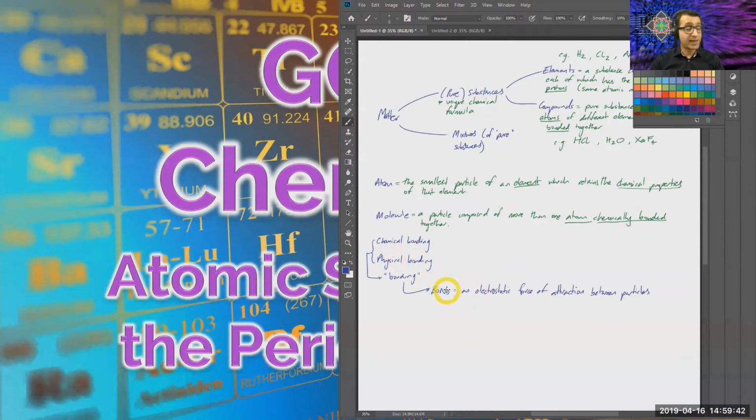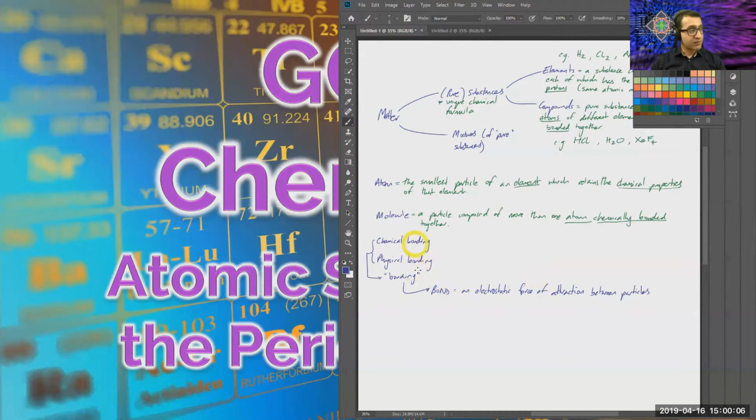Bonds in general in chemistry, whether physical or chemical, and physical bonds are sometimes called intermolecular forces, are all electrostatic forces. They're not gravitational forces, they're not magnetic forces, they're not nuclear forces. They are forces which cause particles to be attracted to each other due to attractions between positives and negatives.